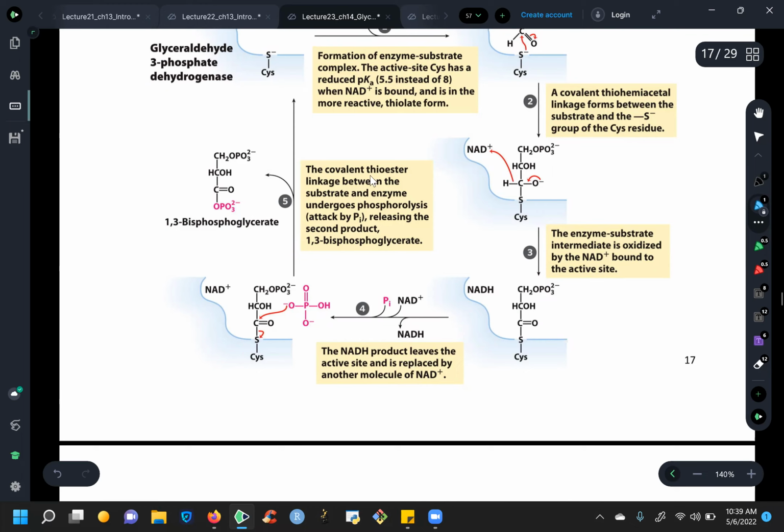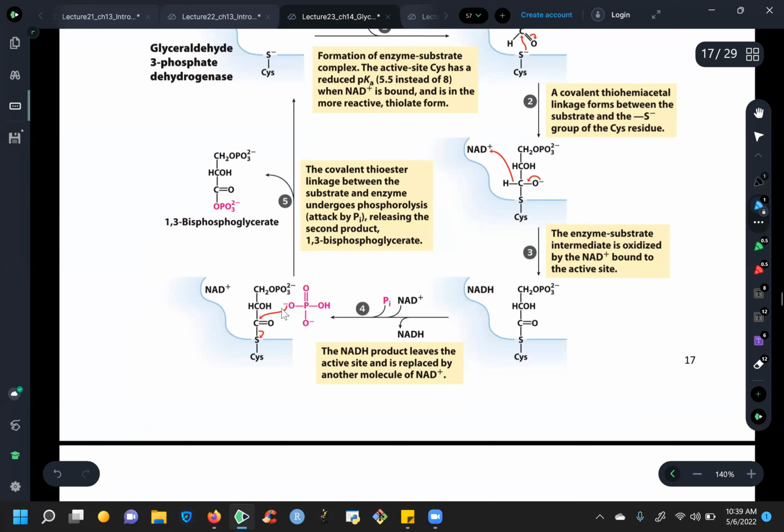And then the covalent thioester linkage, so whenever they say thioester linkage, they're just talking about this carbonyl that is attached to this sulfur on the cysteine. That's a thioester linkage. So we need to detach it. It undergoes phosphorylysis, so it's attacked by the phosphate, and it releases the second product as 1,3-bisphosphoglycerate.